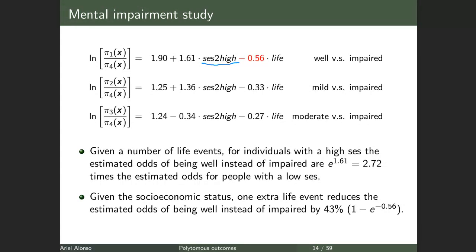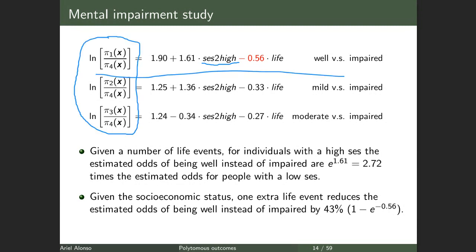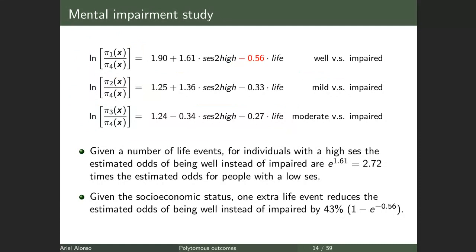So the interpretation is very similar to the one we saw in logistic regression. The only thing is that you have here now three different logits because you construct three different odds. But the interpretation of each of these models is the same as for the logistic regression. You interpret it in the same way. We are talking about odds ratios here, and this is just the same interpretation as before.